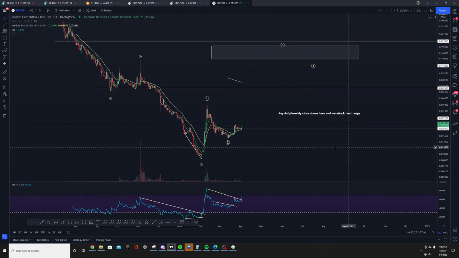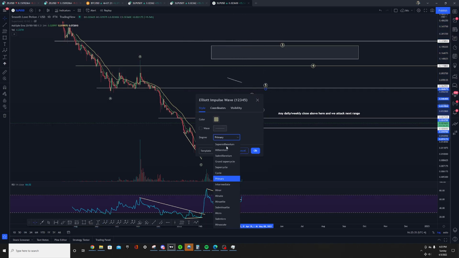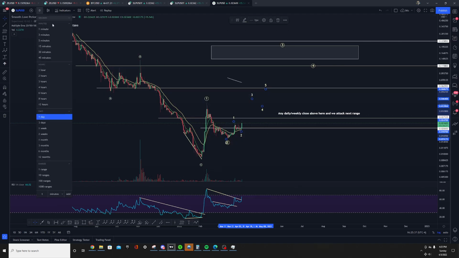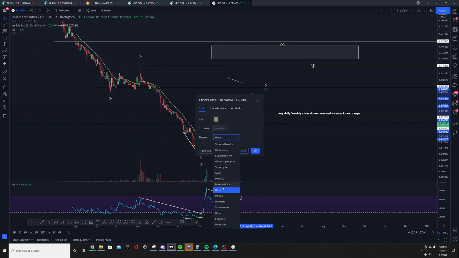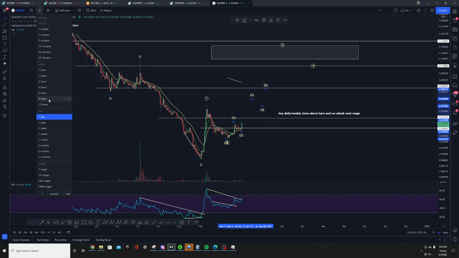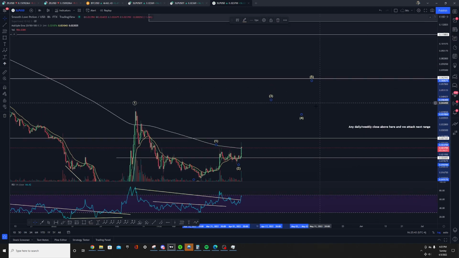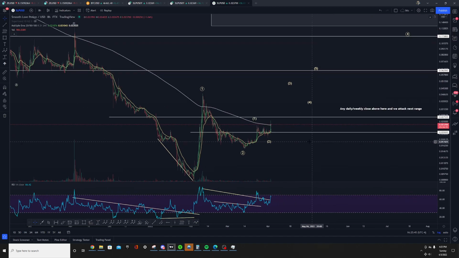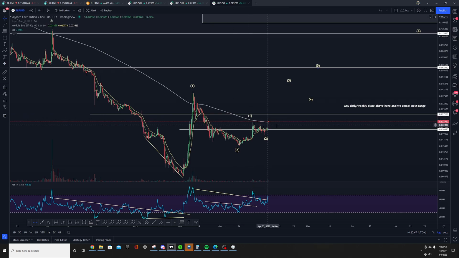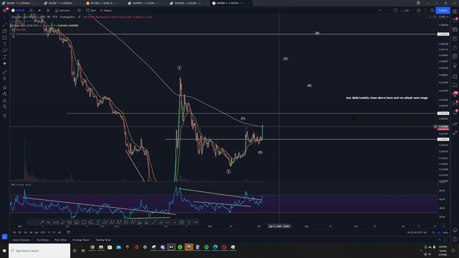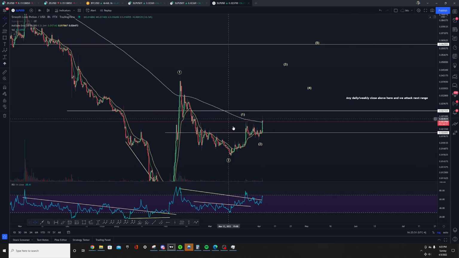What's probably going to happen is that maybe it already did a 1-2. Call this intermediate. Let's go to 8 hour. Okay, that looks sexy. When you have the 244 DMA coming down, and if you get a close above it, then it's just going to use it. It's going to catapult. It's going to be a spring.